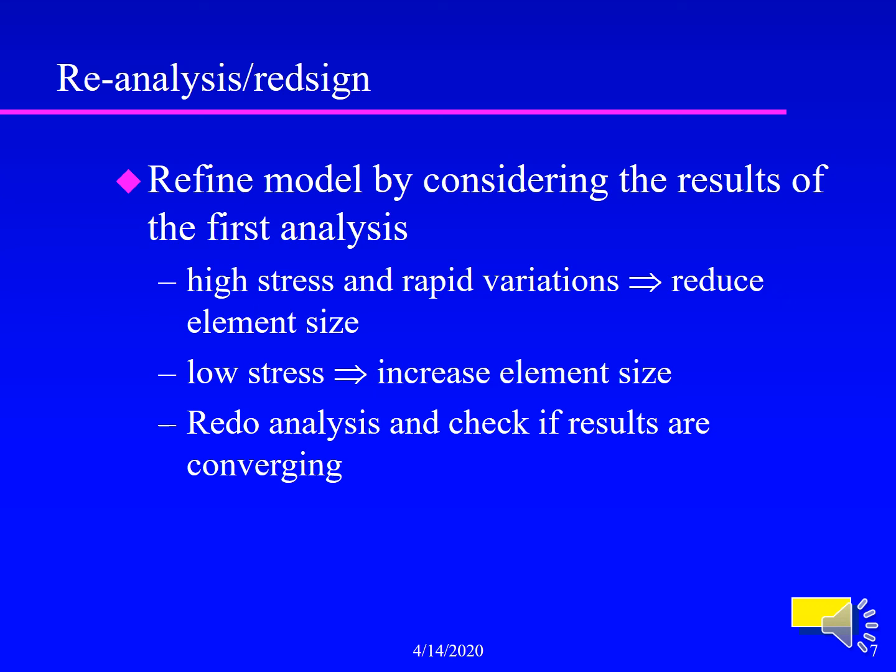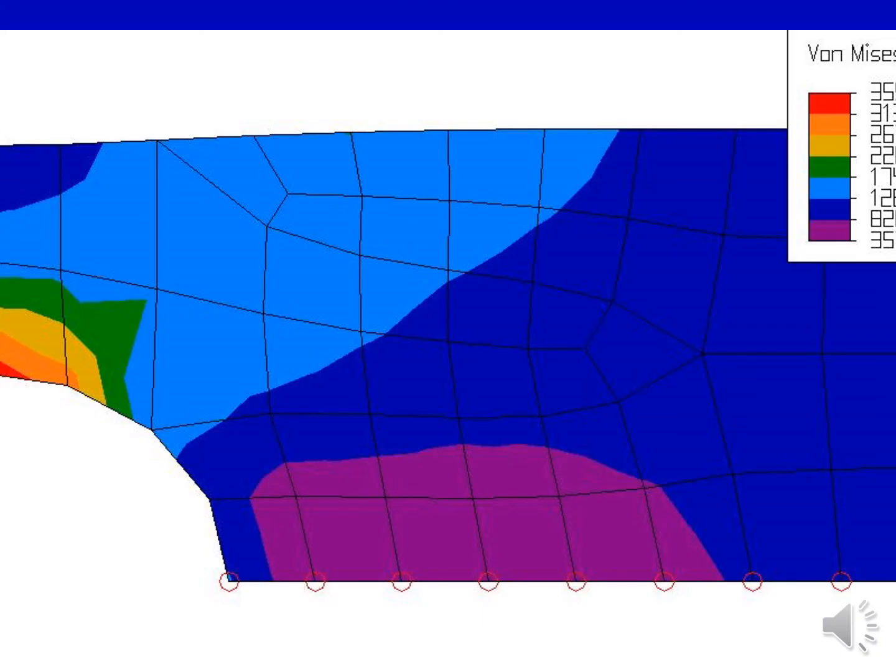For high stress and rapid variations, reduce element size. For low stress, increase element size. Analysis is again carried out and checked for converging conditions. Here are the various colored forms showing the different stress levels or strain levels.